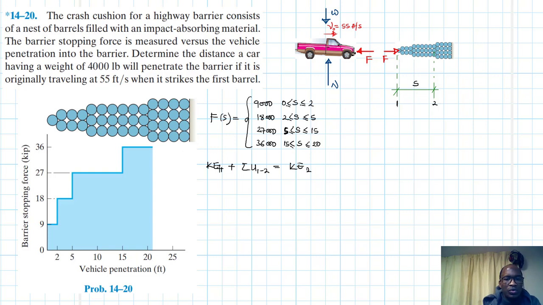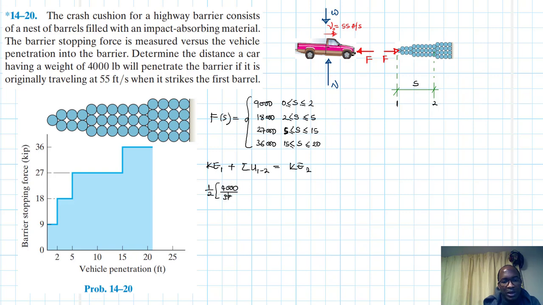Since we do have the initial velocity of this particular car, we'll say we have half, and kinetic energy is always positive because we are squaring the velocity.